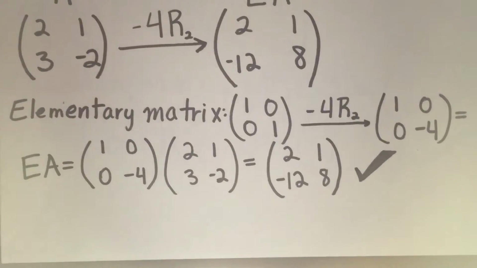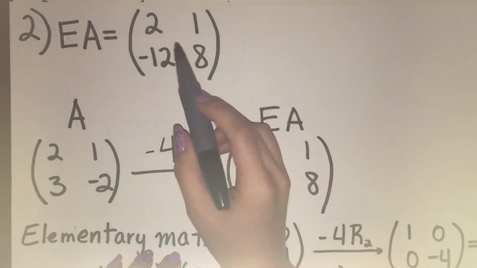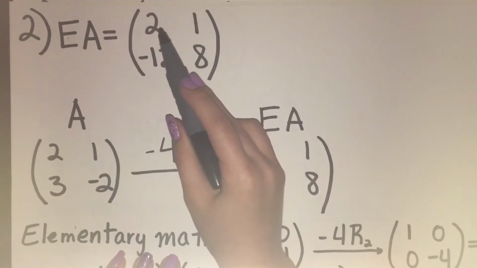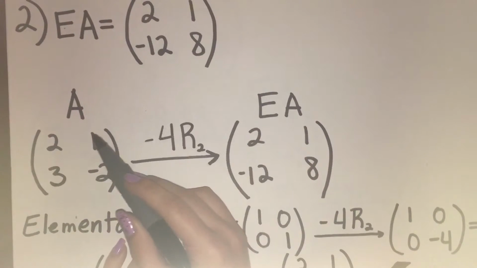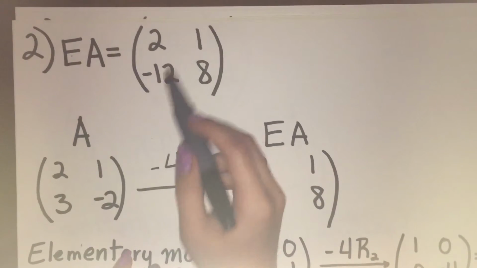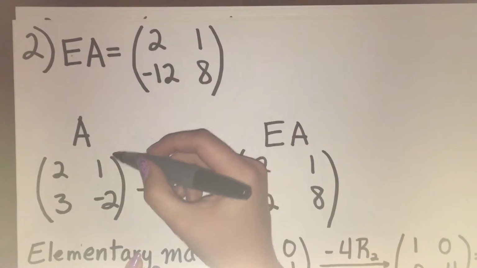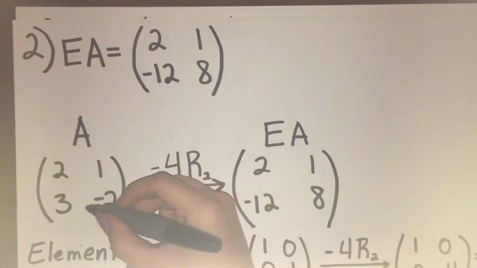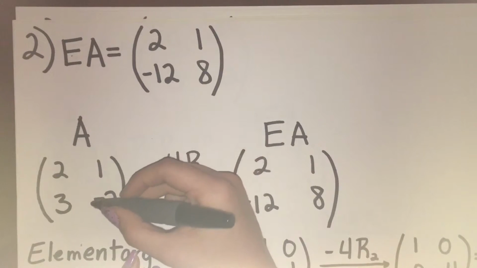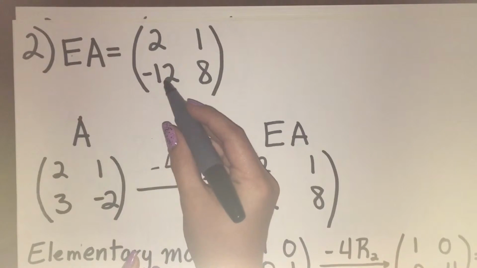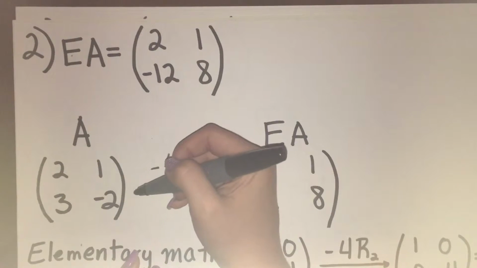Moving on, we have the second case in which EA is equal to a matrix where the entries are 2, 1, negative 12, and 8. And here we can tell that the first row has no changes compared to the first matrix A, but then the second row does have a change. And by looking at these, we can tell that negative 12 divided by 3 is negative 4, and 8 divided by negative 2 is negative 4 also.